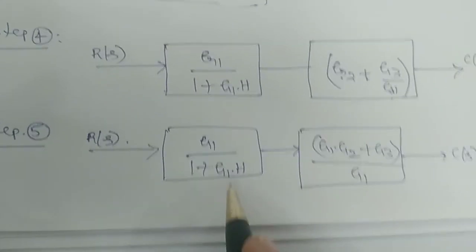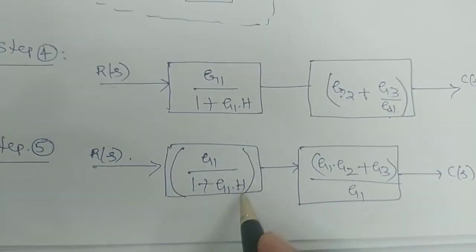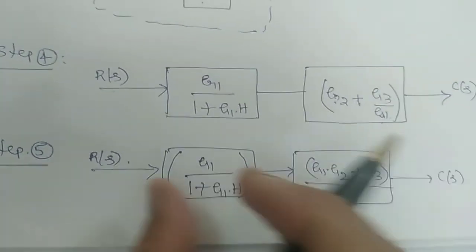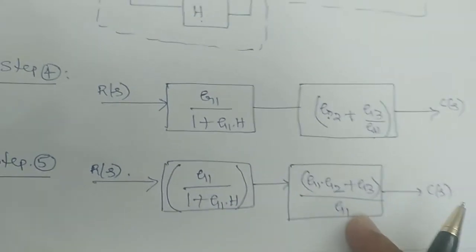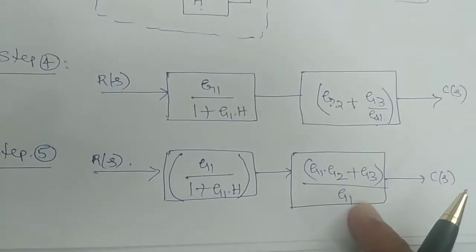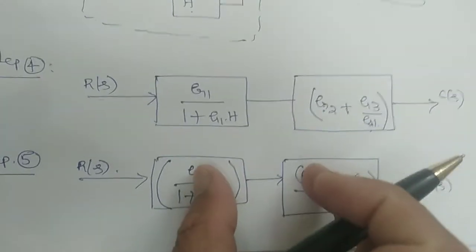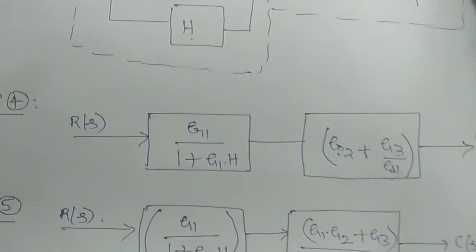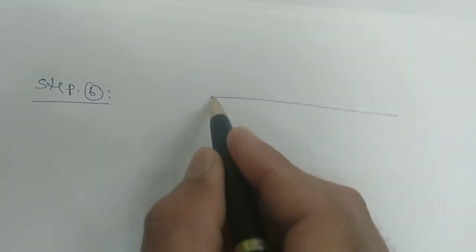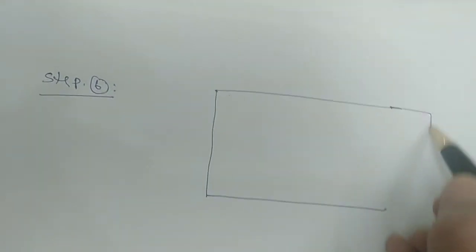Next, now finally what we have to do? This total product. This is one gain, this is another gain. Both are in series, cascading. As per our rule 1, the first rule of the block diagram reduction methods, both gains will be multiplied. Then in step number 6, both gains are multiplied, then you can write a total bigger one.